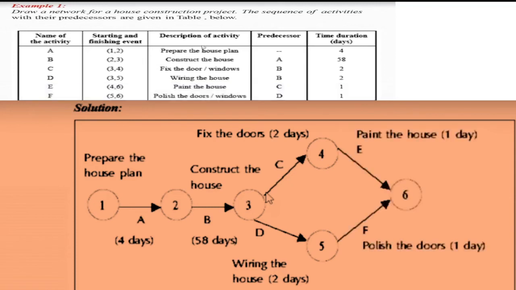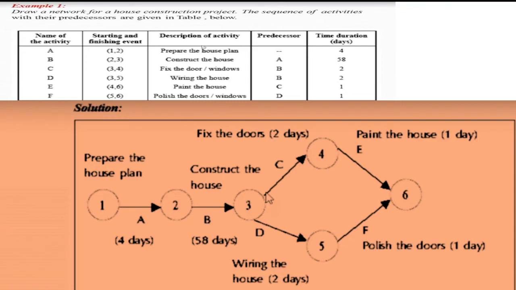And for E and F, the same concept. E can be started only after C is true, and F can be started only after the completion of activity D. So again, the starting events are 4 and 6 for E, and 5 and 6 for activity F, and we also place here the time duration.